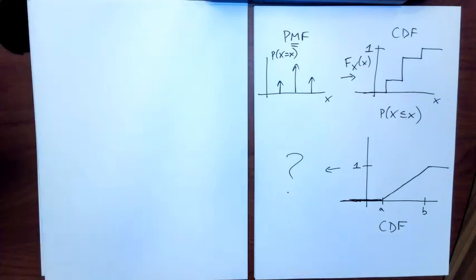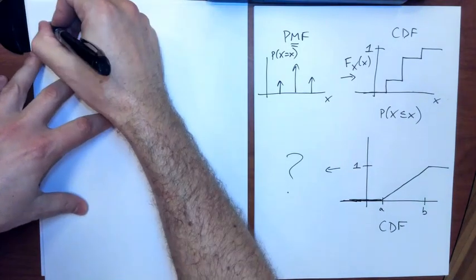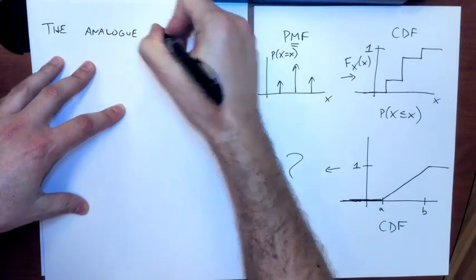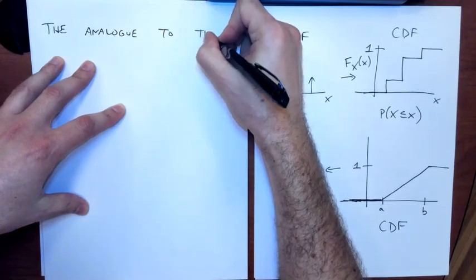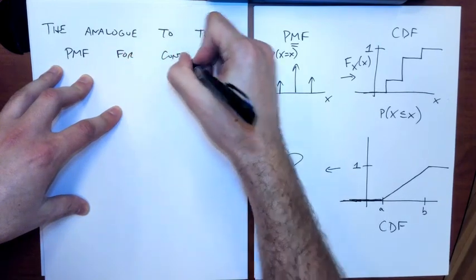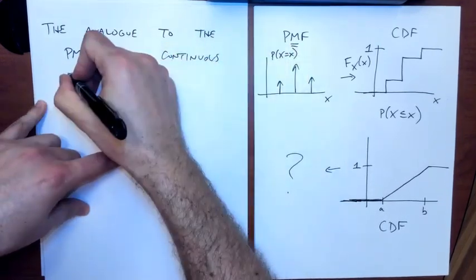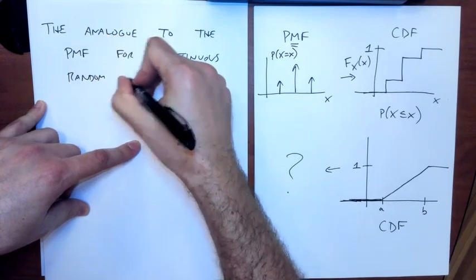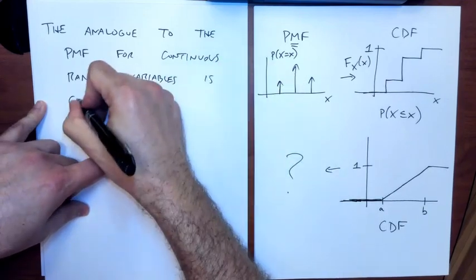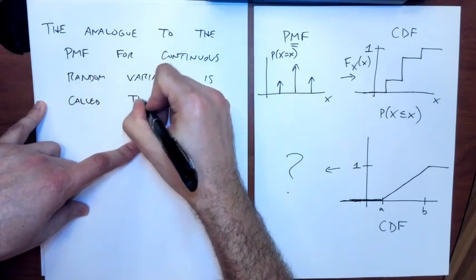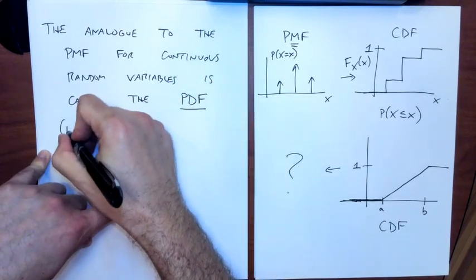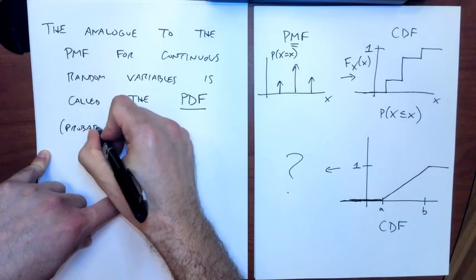So basically the analog to the PMF for continuous random variables is called the PDF, or probability density function.